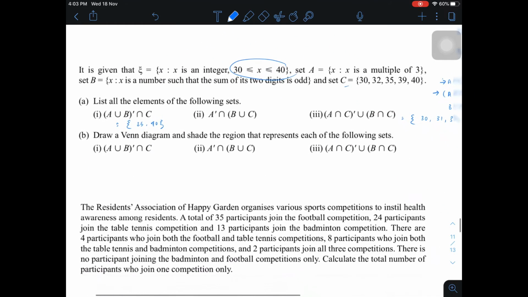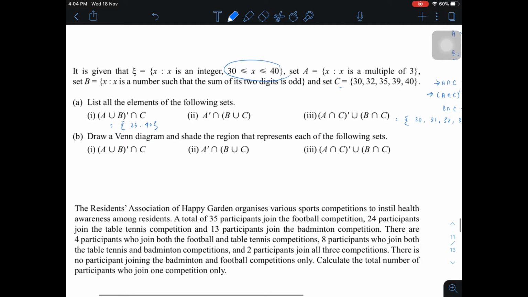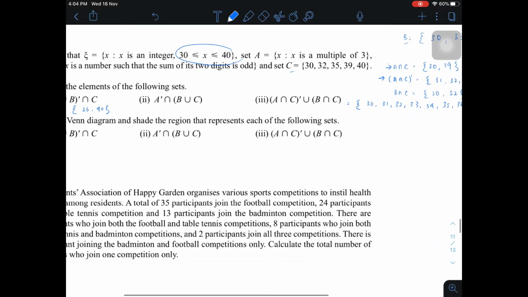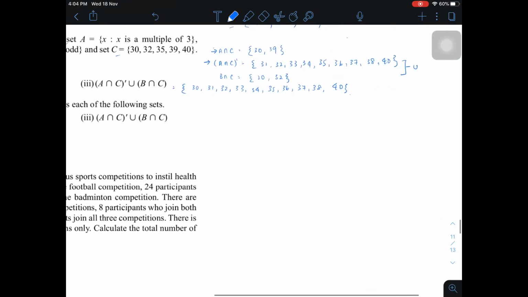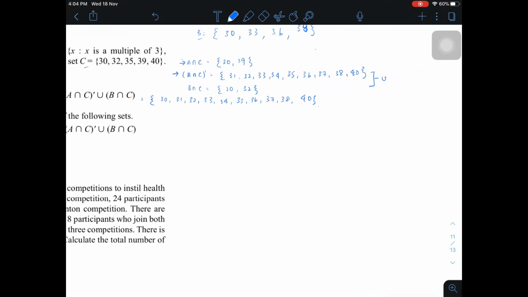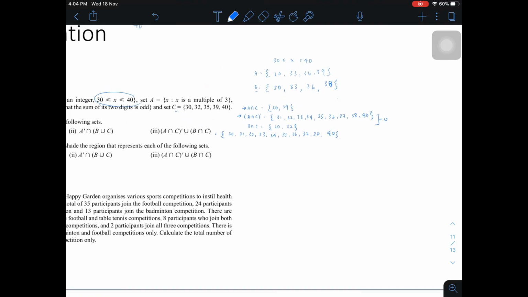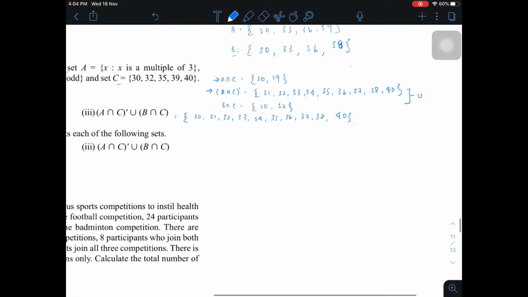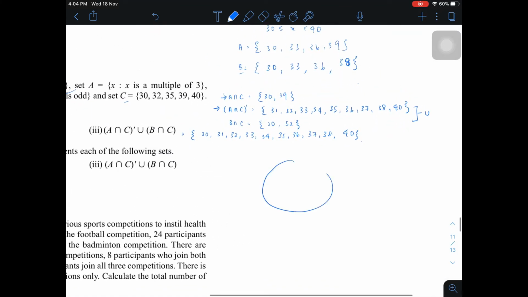So draw a Venn diagram to shade the region that represents the following sets. Okay, since I didn't do the second one for A2, I'll just draw it for B2 then. We'll just list out all the values again first.